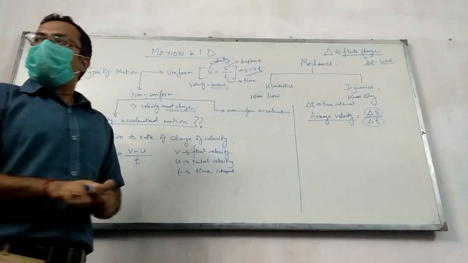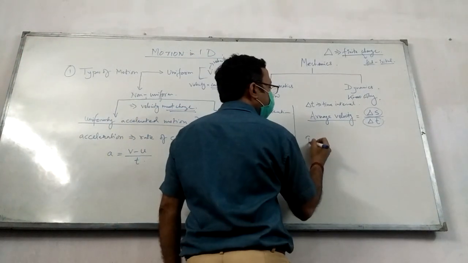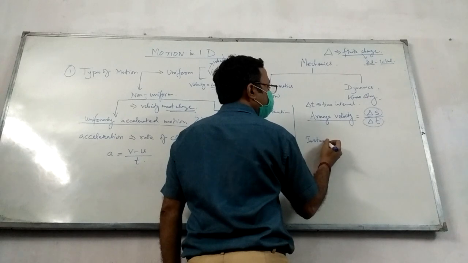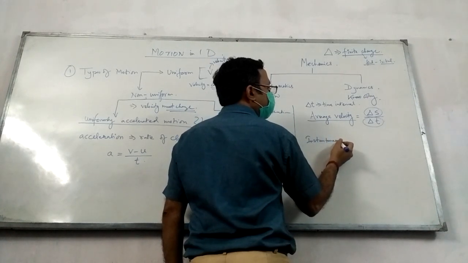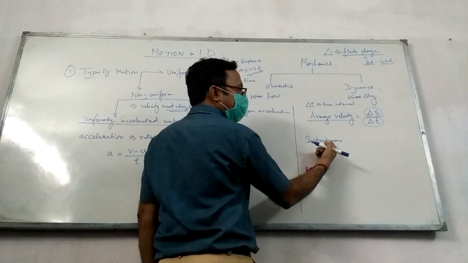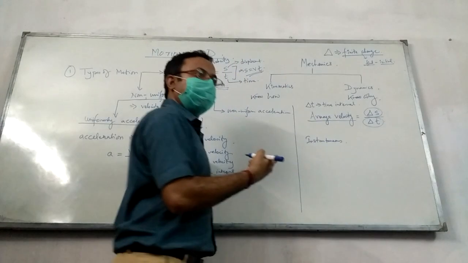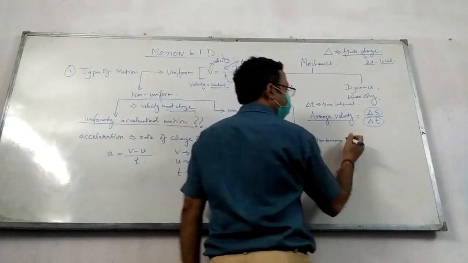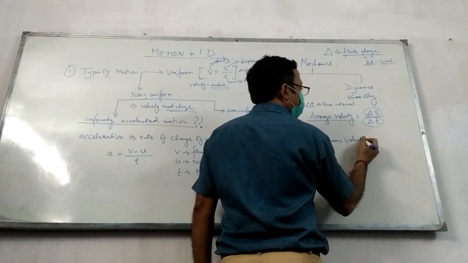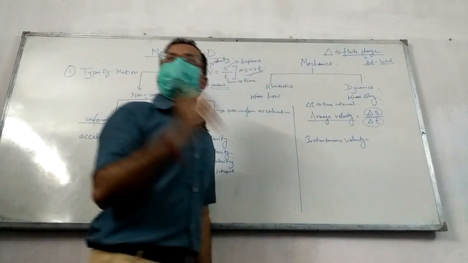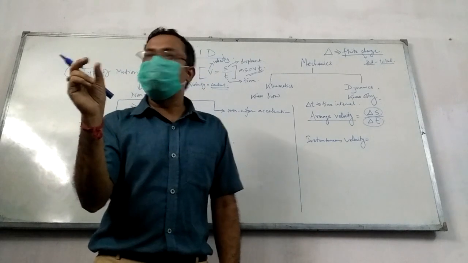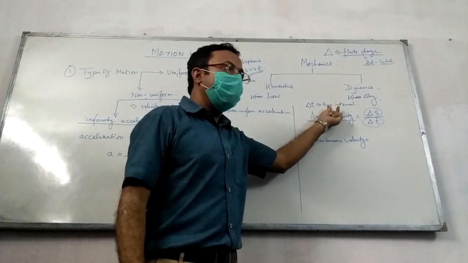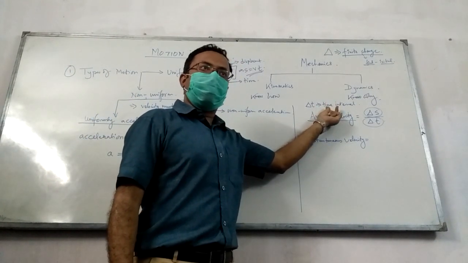Alright? Now, when we are discussing instantaneous velocity, that means what? We are talking about a time instant. So do we have an interval anymore? We don't have an interval anymore.